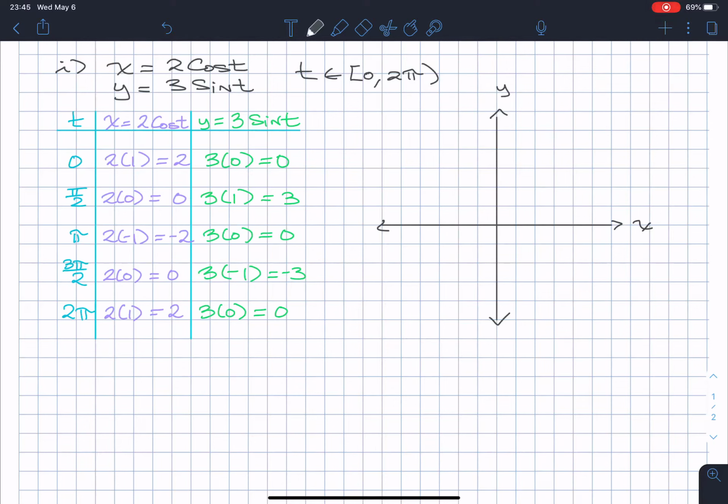Let's do 1, 2, 3 on each axis. Okay, so my first point is at 2, 0.